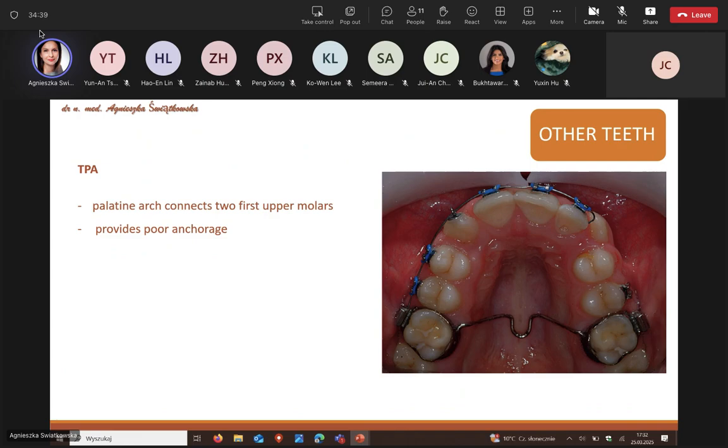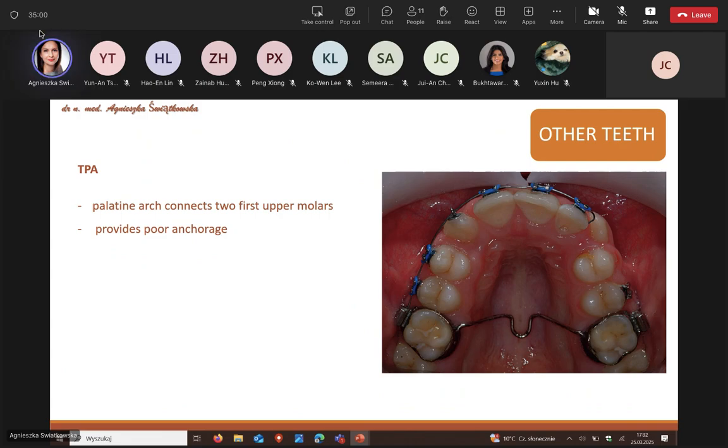Moderate, nowadays we also estimate this kind of anchorage as minimum anchorage, because in fact we still observe the movement of the teeth which are connected with this. So it's not huge anchorage, rather between minimum and moderate anchorage.